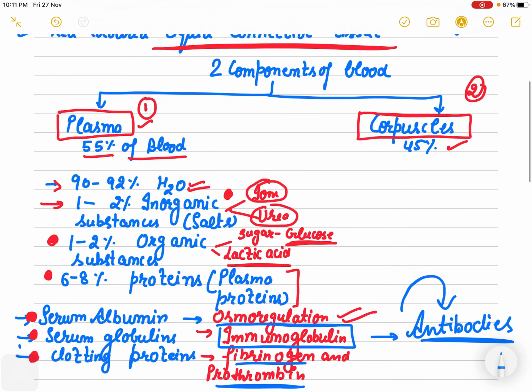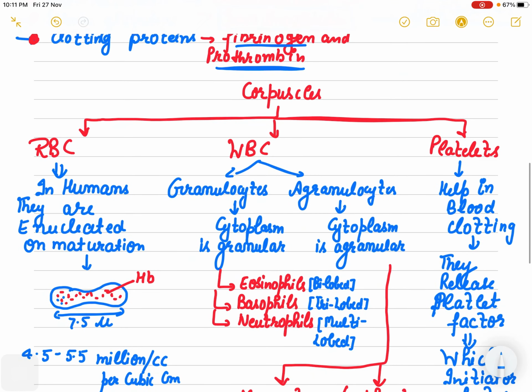When we say corpuscles, which kinds of corpuscles does it have? RBCs, WBCs, and platelets. In humans, we know that RBCs are enucleated.